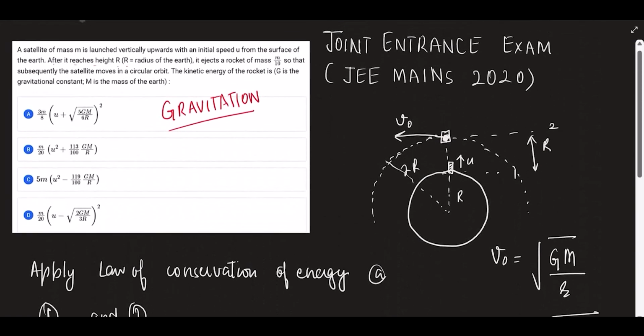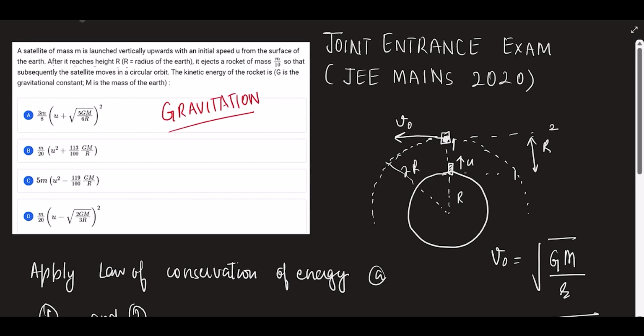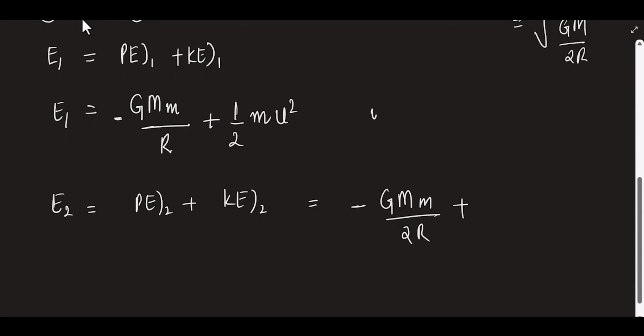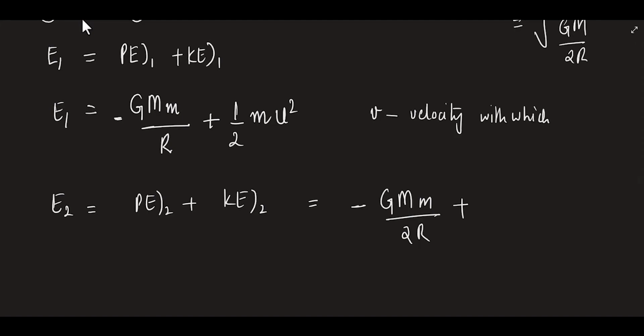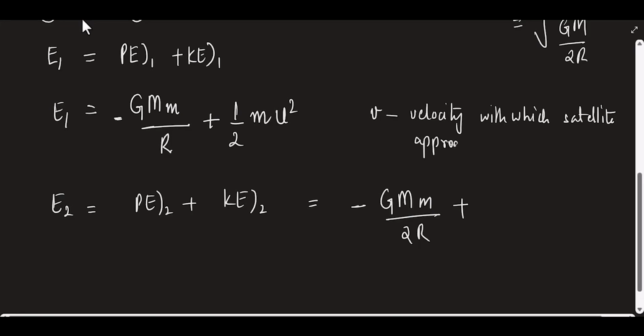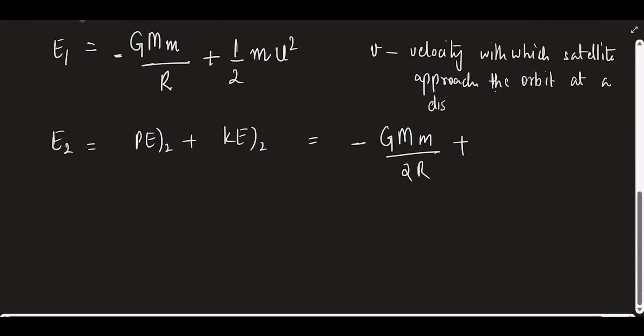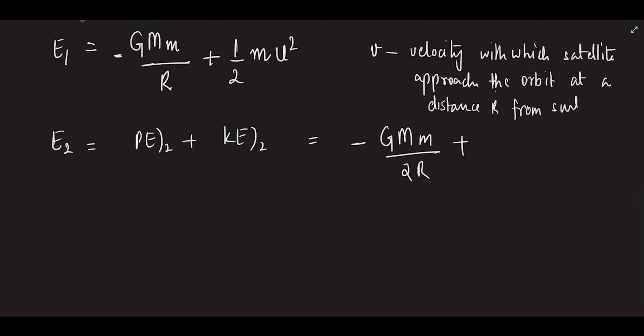Now see very carefully, I'm saying let v be the velocity with which the satellite approaches the orbit at a distance r from the surface of the earth.